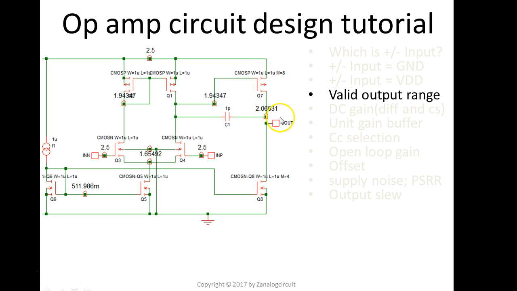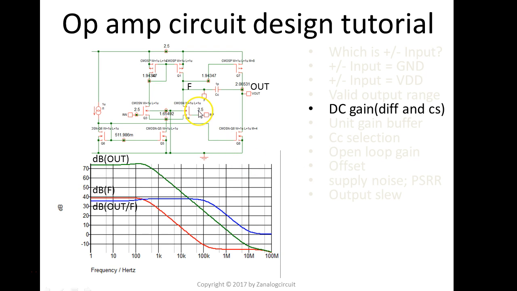So the valid output range for this amplifier to work is: the maximum is going to be like 0.2 or 0.3 volts, or sometimes even 0.1 volts, lower than the supply. And the minimum is going to be 0.1 to 0.3 volts higher than the ground. That's a valid reason to keep these two guys, Q8 and Q7, in the saturation region.